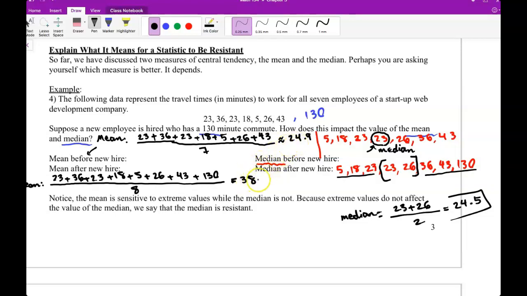But for the median we had 23, and now it is 24.5, which is not that much. Mean is sensitive to extreme values while median is not, because extreme values do not affect the value of the median. What that means is the median is resistant.